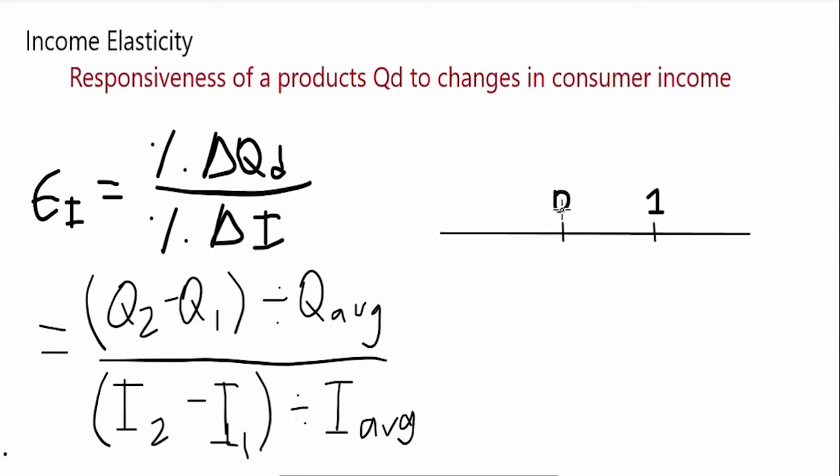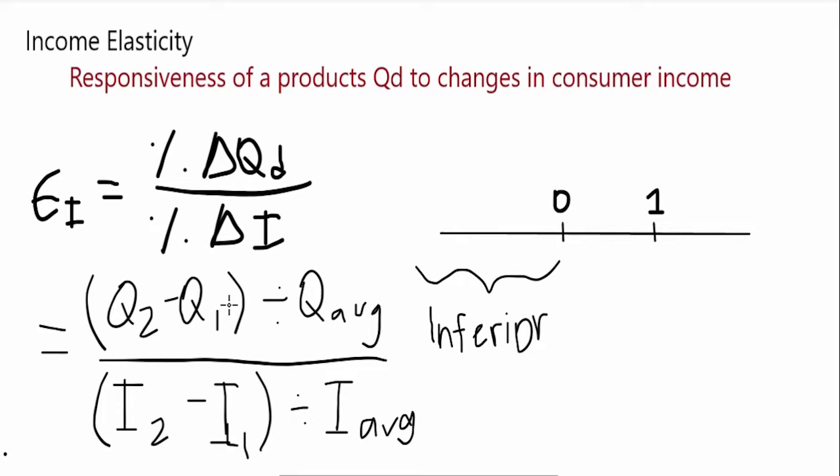So let's say that our value is less than 0. If our value is less than 0, then we can say this is an inferior good. Now, why could we say that? Well, that's because our income would be positively changing. Let's say we're growing income. Well, our quantity demanded must be negative for it to be less than 0, right?